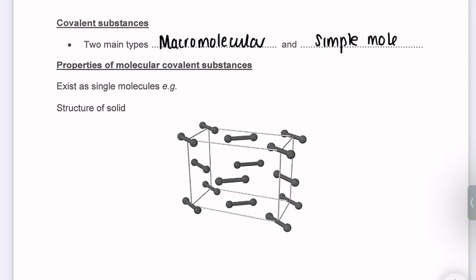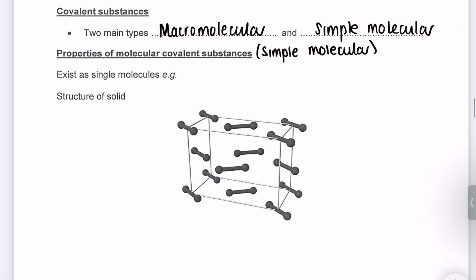We're going to look at simple molecular first. So the properties of the molecular covalent substances, the simple molecular substances. These are things that exist as single molecules. So we're talking elements that are molecular, like iodine and sulfur and phosphorus, and all the other diatomic ones: hydrogen, nitrogen, oxygen, fluorine, chlorine, bromine, iodine.